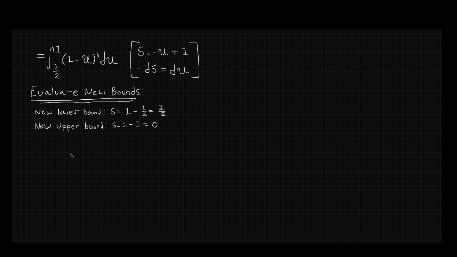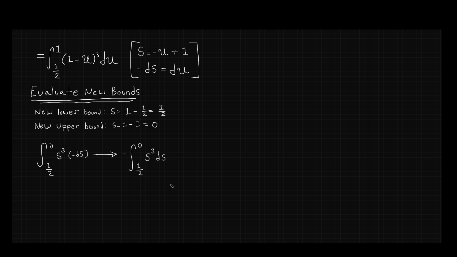So let's plug them in. And so that's what this is going to look like. We plugged in our new limits of integration as well as our new s and our negative ds. Now I'm going to factor out that negative sign. We're just going to flip the bounds of integration, but then to do that, we have to multiply the entire integral by -1.